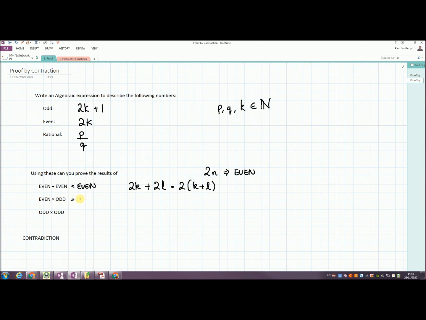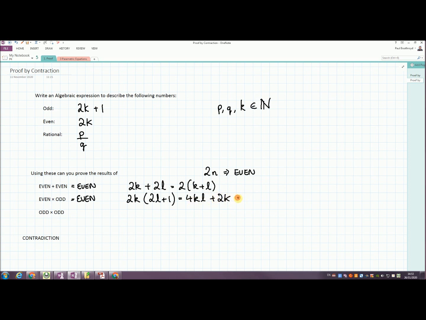Even times an odd should be even. So let's see what happens when we do that. Again, use 2 different variables. So an even number is 2k, an odd number is 2l plus 1. And when I multiply it through, I get 4kl plus 2k.